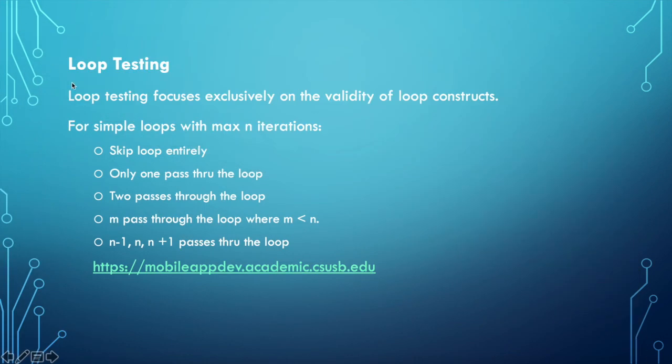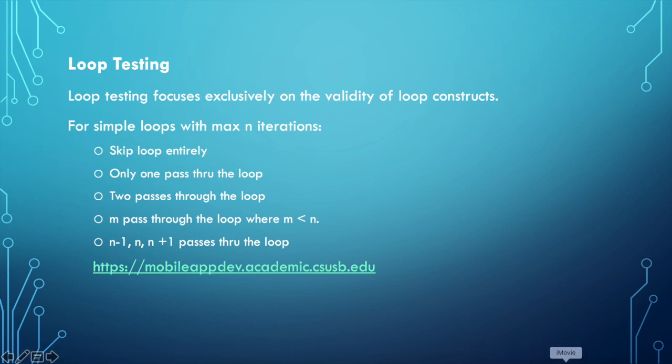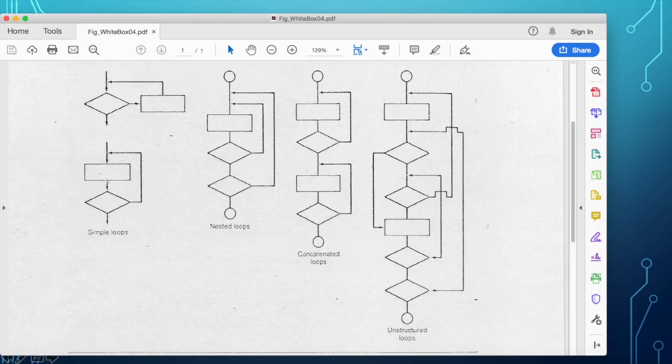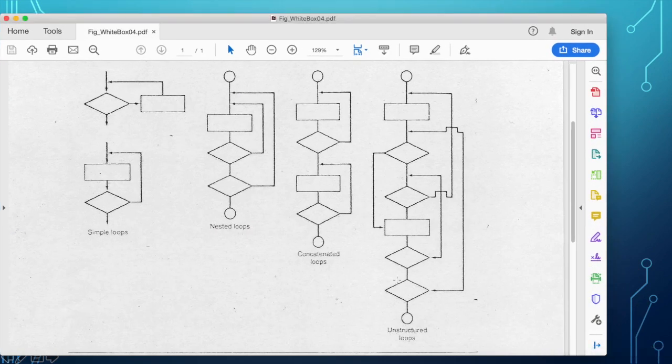Another one is only one pass through the loop. Then two passes through the loop, so you loop twice through the simple loop.